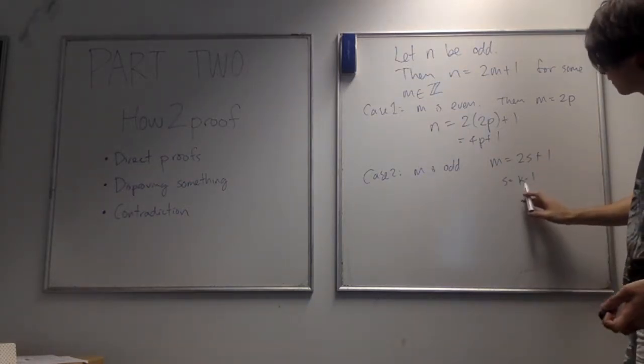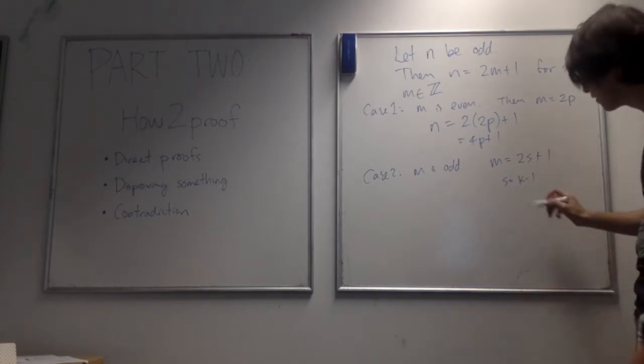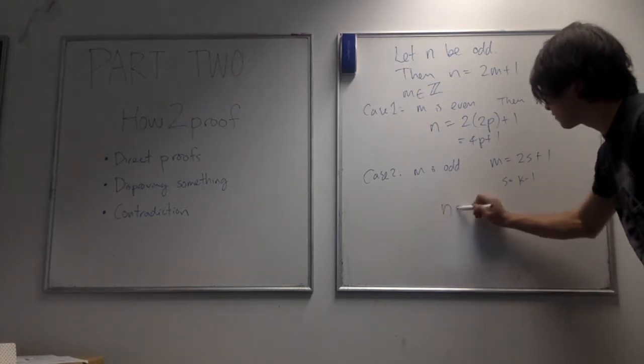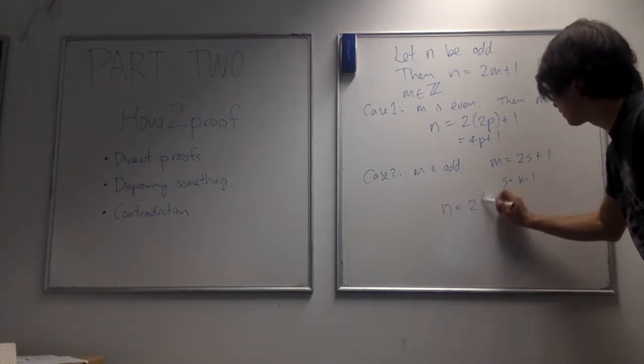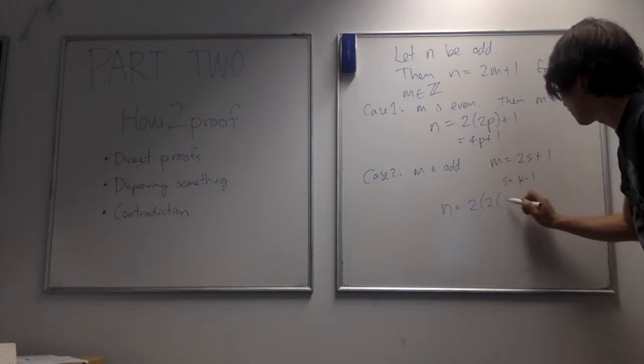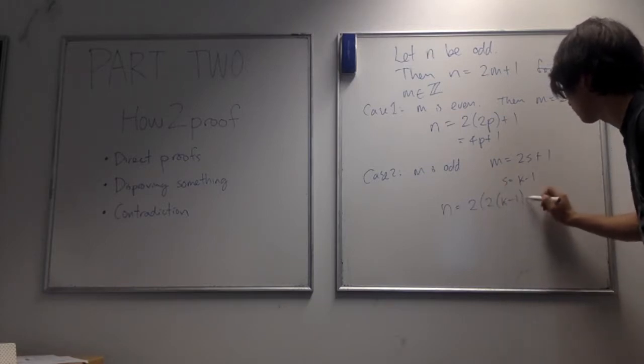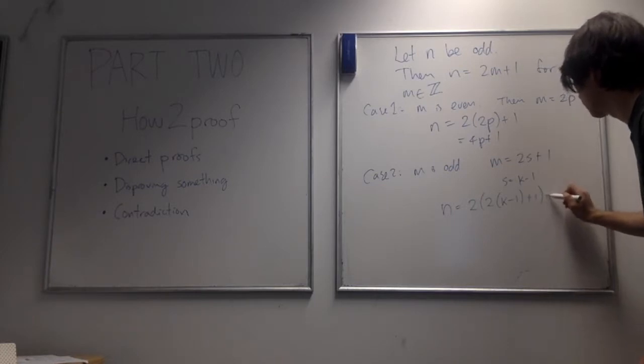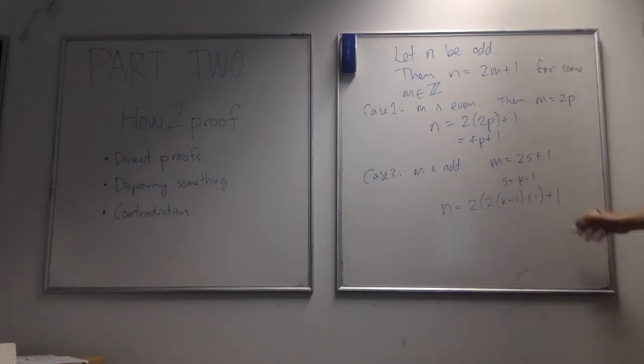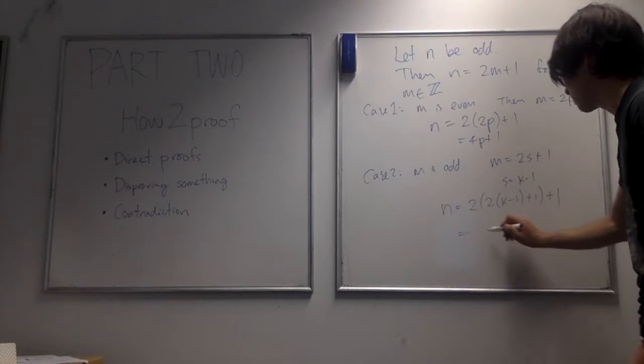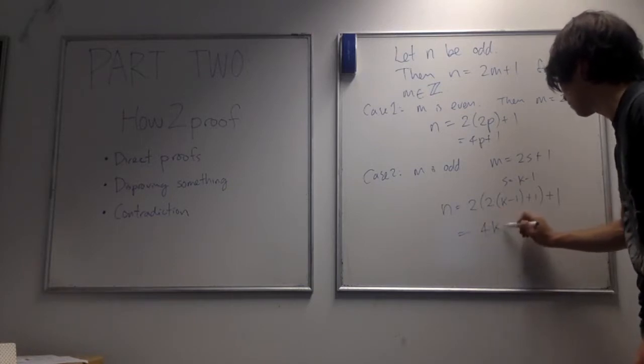You can find an integer k so that s equals k minus 1. And then n equals 2 times (2 times (k minus 1) plus 1) plus 1. Rearrange that, and it ends up being 4k minus 1, probably.